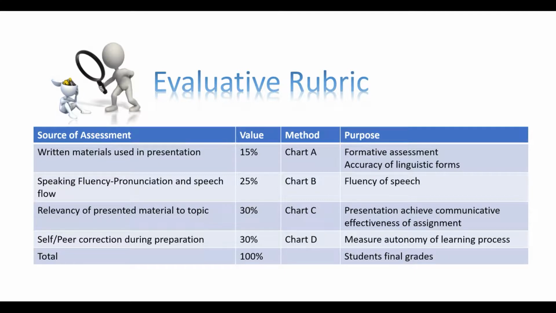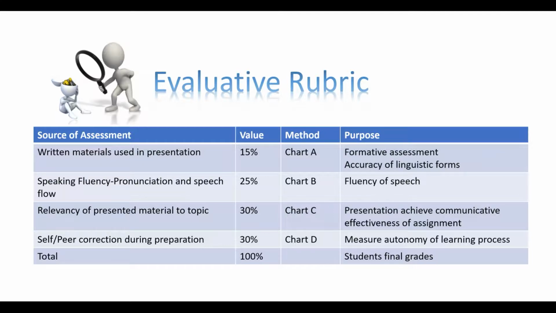Now, since this is a communicative competence evaluation, I've decided that this scale would be more appropriate because it places a very heavy emphasis on the interaction that the students have with one another.